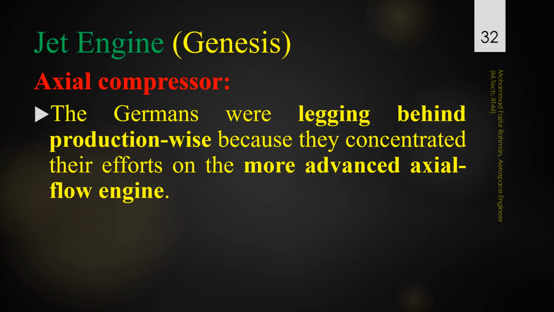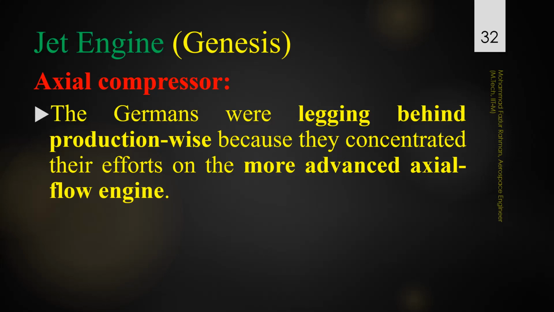So this challenge of developing an axial compressor was actually huge, and in the meantime the centrifugal compressor type engine kept developing and kept producing also. So people kept filling the gap till the axial flow engine came into being.